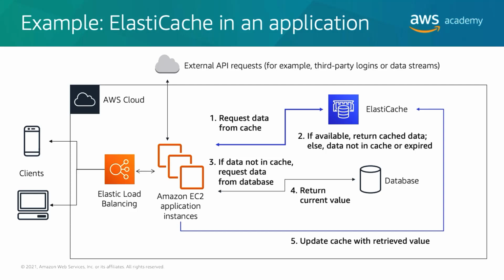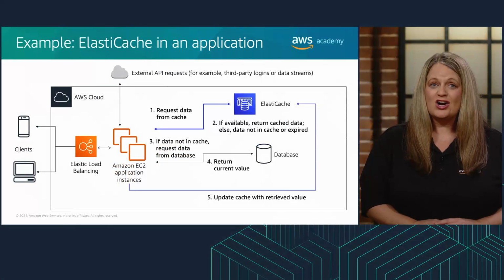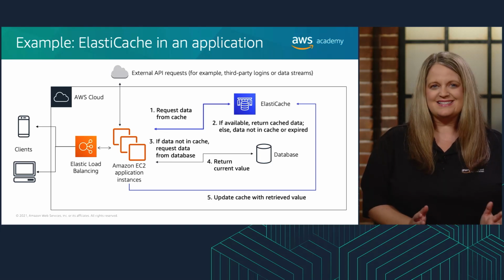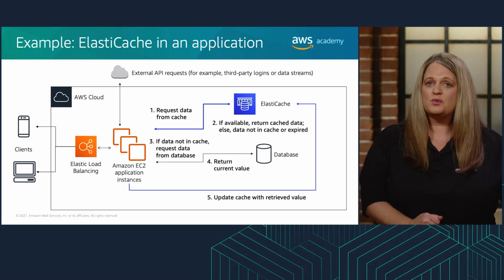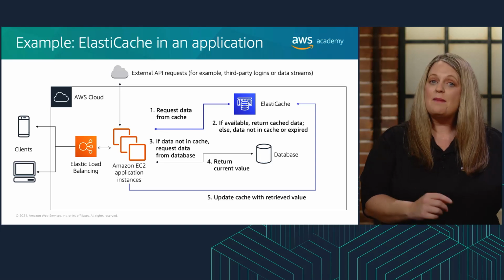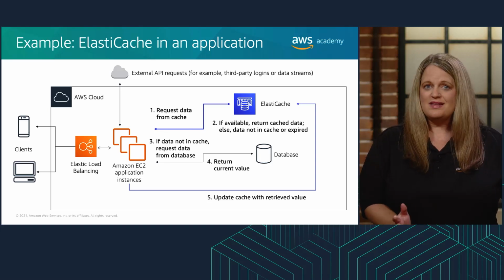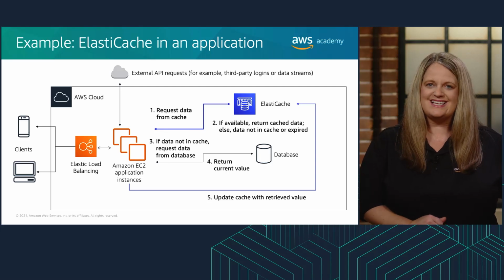If the information is not available in the cache or is expired, the application reads from the database. This could be an Amazon RDS DB instance, DynamoDB database, or another database. If the database receives numerous read requests for the same data, the application writes the data received from the store to the cache. In this way, the data can be retrieved more quickly the next time it's requested.